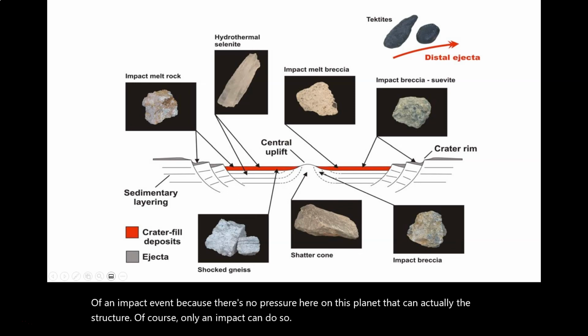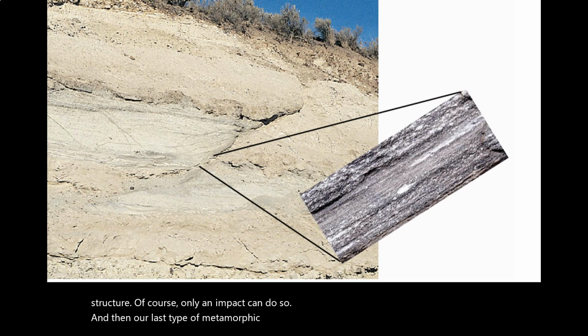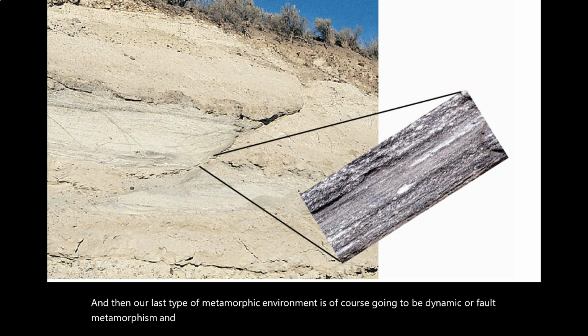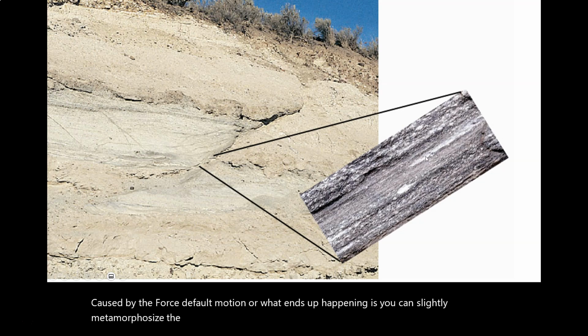And then our last type of metamorphic environment is, of course, going to be dynamic or fault metamorphism. And so as you see the fault move and slide along the surface, so you've got sliding right along here, caused by, of course, the fault motion. What ends up happening is you can slightly metamorphose the pre-existing rock, as you can see here, and this is a special rock referred to as mylonite.